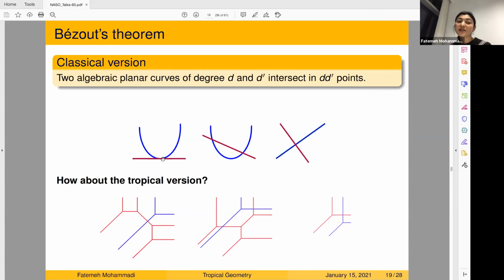Okay, so is that line drawn as tangent to the parabola? Yeah, exactly. When it's tangent, you would consider the multiplicity, but the non-generic case in the classical setting would be a line that intersects my curve in just one point.